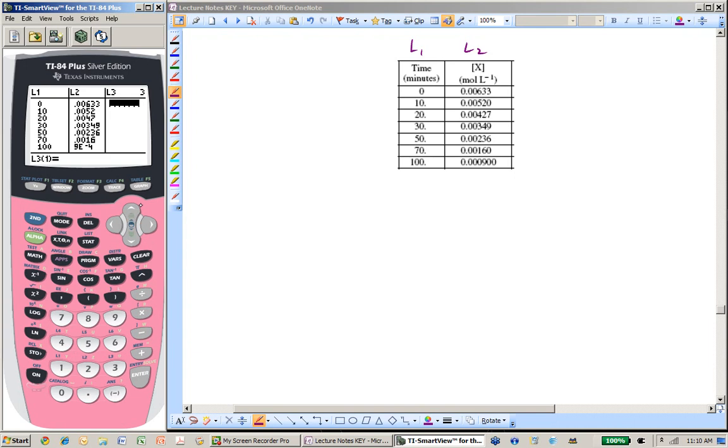All right, so what are we going to do next? We're going to make the natural log of everything in L2, which were my concentrations in molarity, and we're going to make the reciprocals of everything in L2.